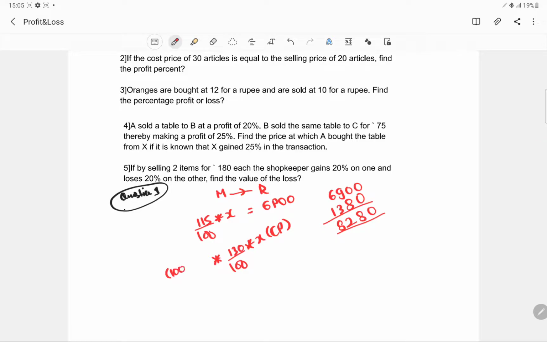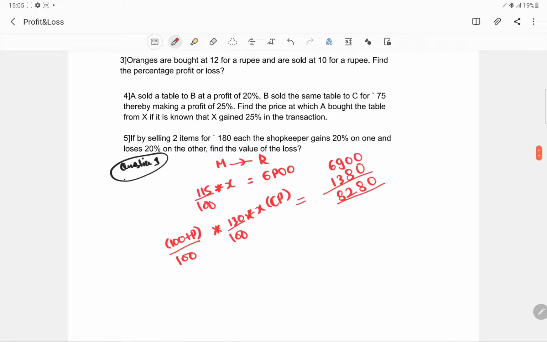So this is like 100 plus P upon 100, and this is equal to 8280. Okay, so what we can do is, say this is 100. This is actually the entire price.